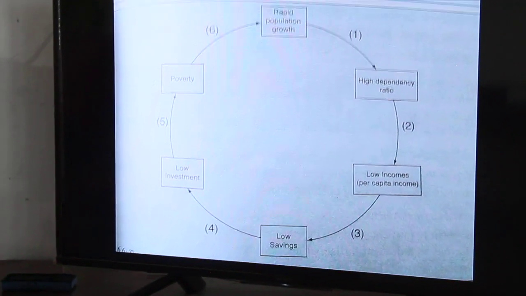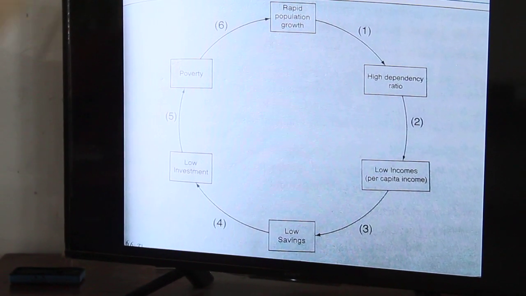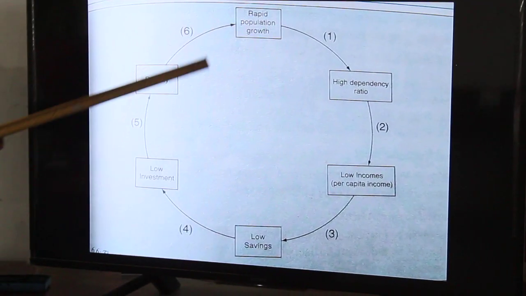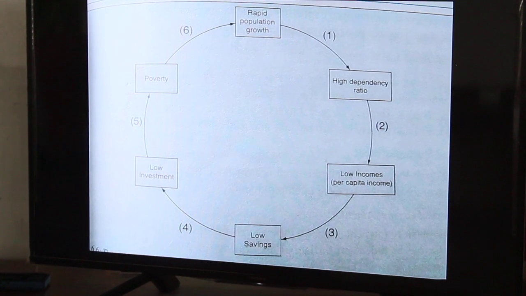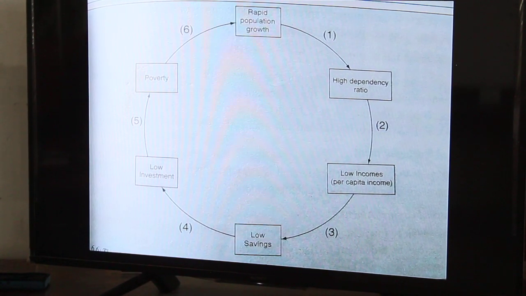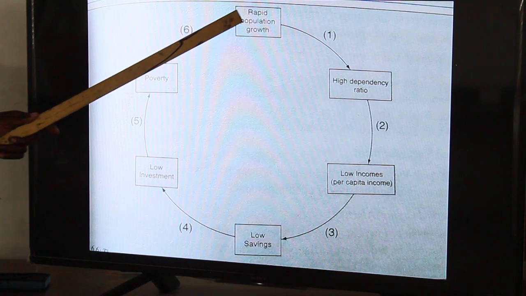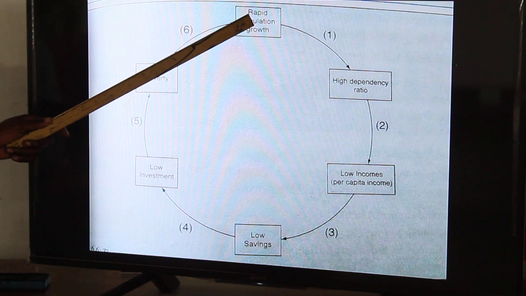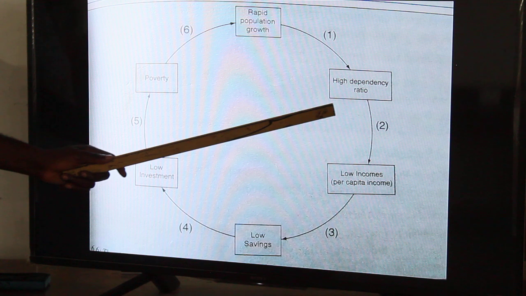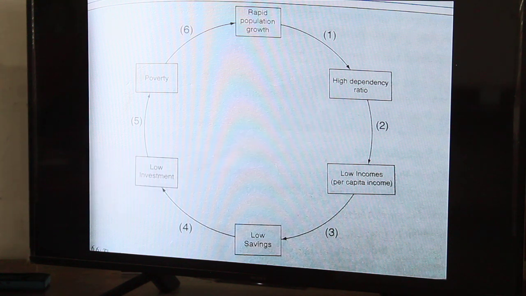Now, if you look at the cycle here, we start with rapid population growth. That is where we start. Now, when we have a rapid population growth, it leads to high dependency ratio. Why? The majority of the people will not find employment, and therefore will rely on the few who work.